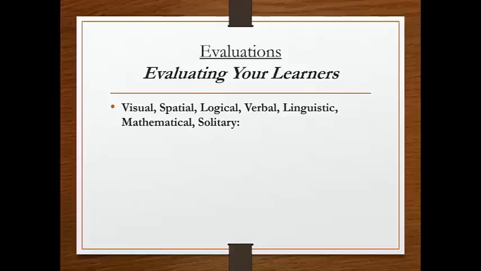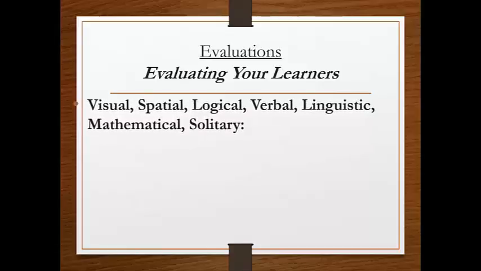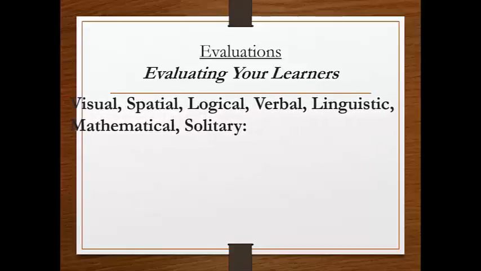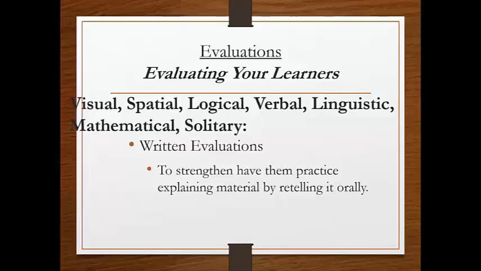Now, if we're talking about visual, spatial, logical, verbal, linguistic, mathematical, and solitary learners, the best way to evaluate them is through written evaluations. Now, if you want to strengthen it, have them practice explaining material by retelling it orally.